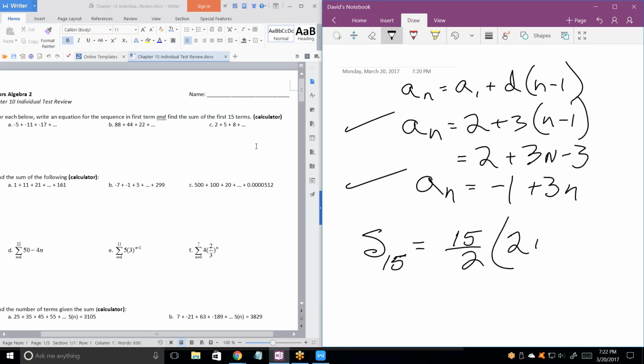So it's 2 plus a sub n, but we don't know what a sub n is. Let's go back to the previous line and figure out what a sub 15 is. What's that end up being? 44. Okay. Now we can substitute 44 for that. And again, now it's just arithmetic.